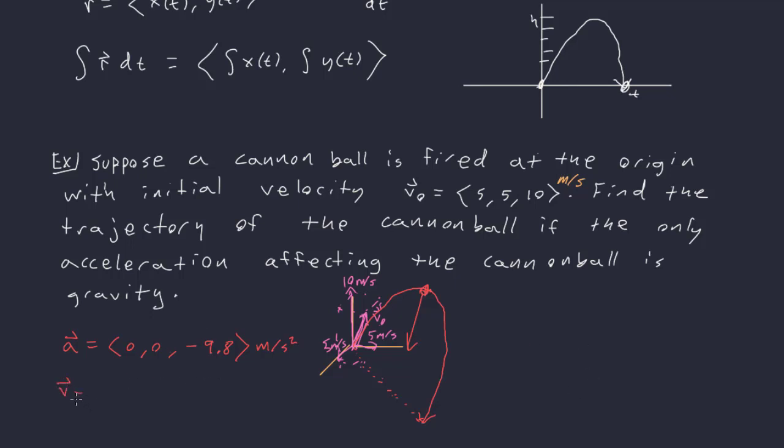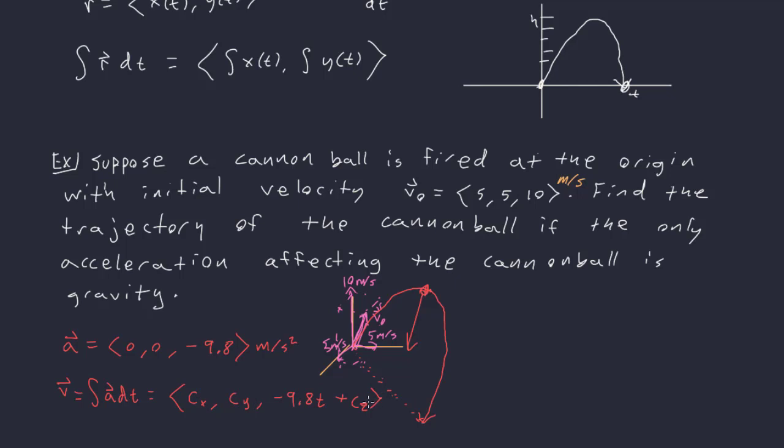Okay, so given that, when we go to our velocity, which should just be the integral of our acceleration, well, it's actually not that bad. Integral of 0 is 0, integral of 0 is 0, integral of negative 9.8 is negative 9.8t. However, the only thing we don't need to forget here is we get arbitrary constants, and we're going to get one for each component.